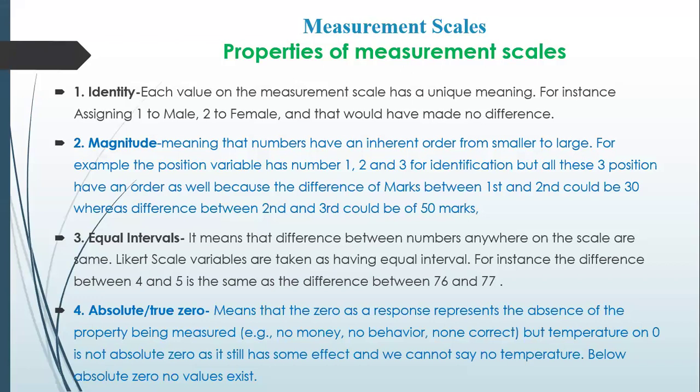There may be some responses like totally agree, moderate, disagree, totally disagree. So this is called a Likert scale. In a Likert scale, most probably we have to use equal intervals.